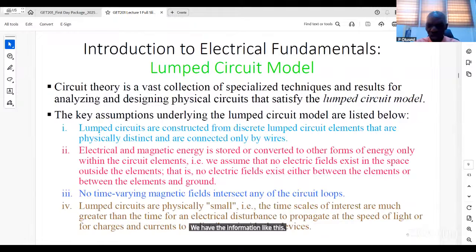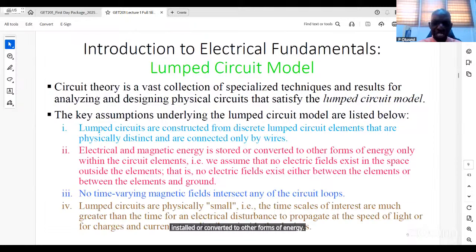The key assumptions that we normally make in the lumped circuit model are: one, lumped circuits are constructed from discrete lumped circuit elements. Number two, electrical and magnetic energy is stored or converted to other forms of energy.